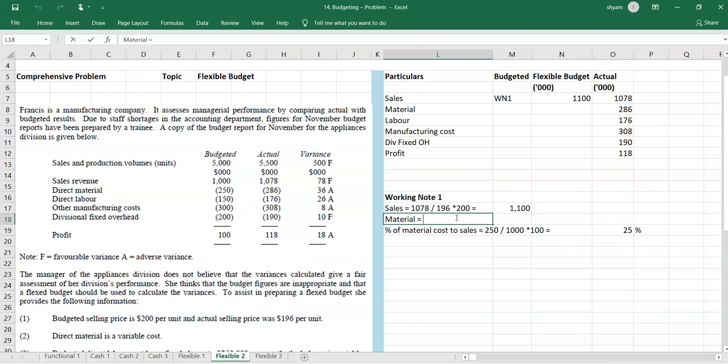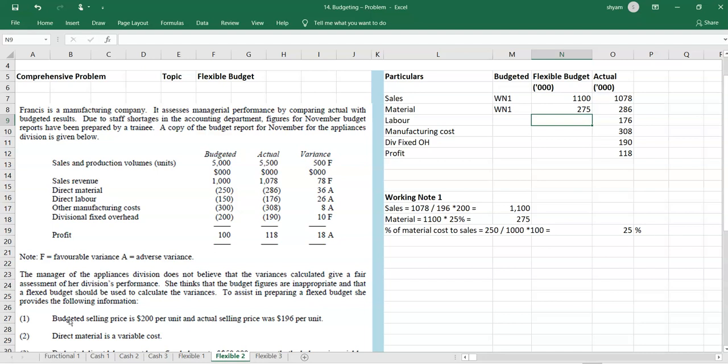If our total sales should have been 1100, then 25% of that should be 275. So we got from working note 2 that it should be 275.